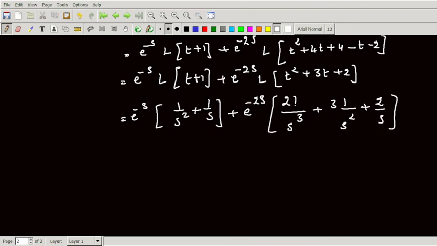So we put the bracket. This is nothing but Laplace of f of t for the given function f of t equal to t in the interval 1 to 2 and t square for t greater than 2.